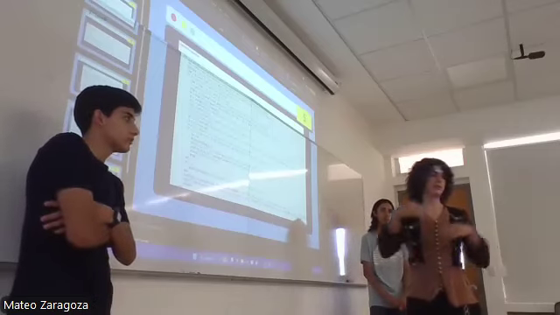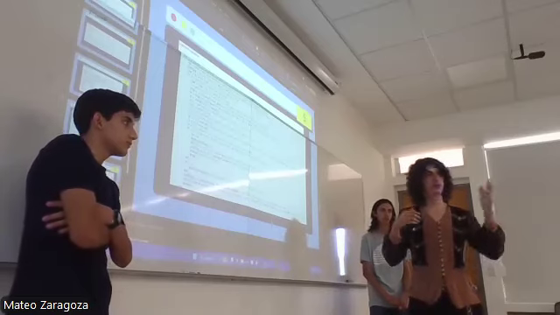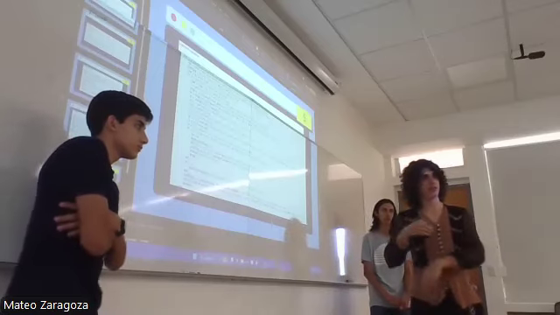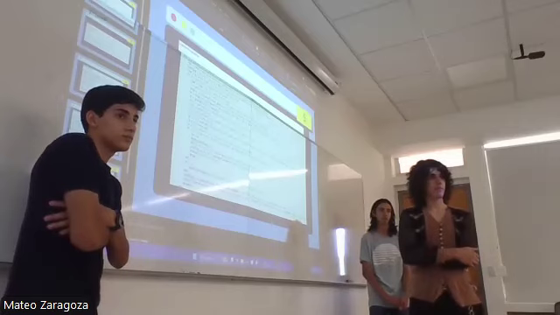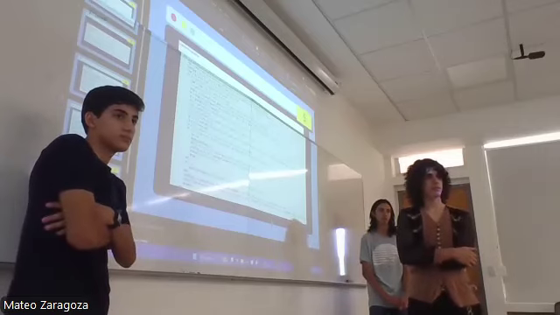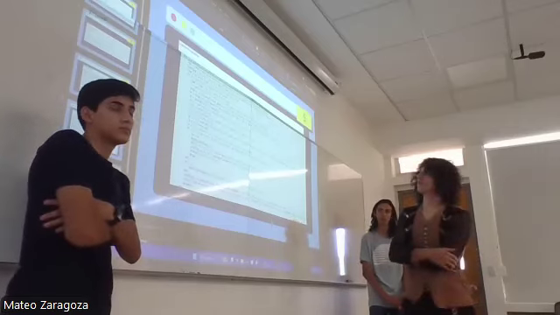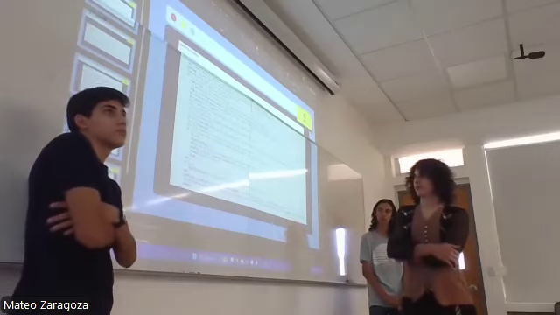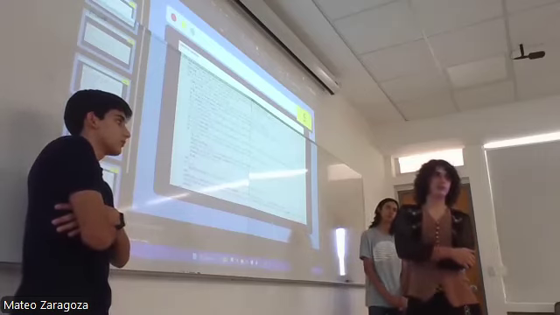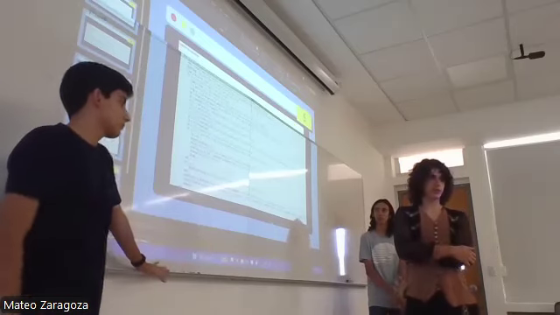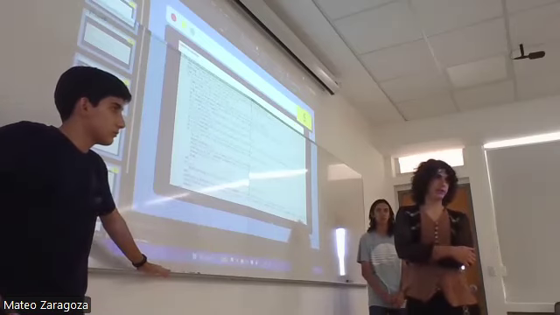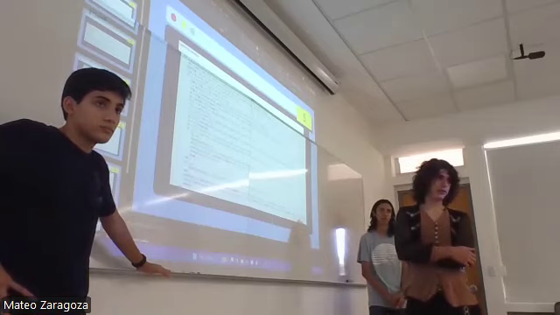We calculate position, next position, no, first acceleration, then velocity, then position. Why the acceleration if you're assuming that your velocity is constant during the whole step? We need to calculate acceleration because the position equation depends on velocity, and velocity depends on acceleration.